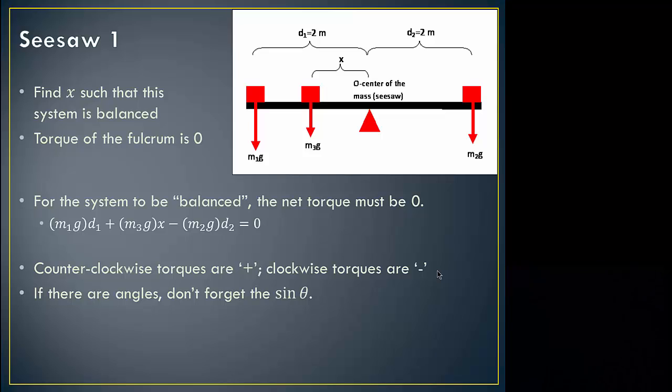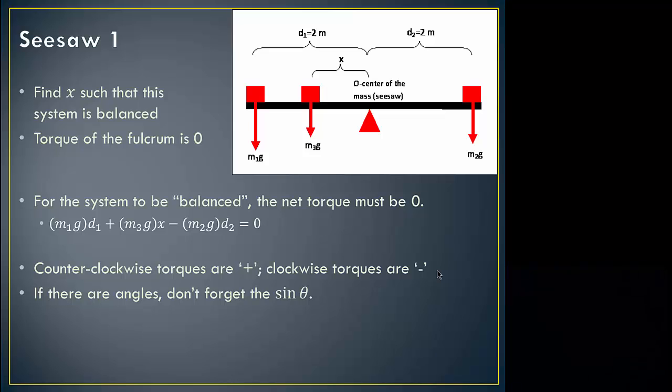But in this case, we just look at the torques. There are going to be torques that will try to make the object rotate clockwise or counterclockwise. So the forces times the radius: m1g times d1 plus m3g times x minus m2g d2.